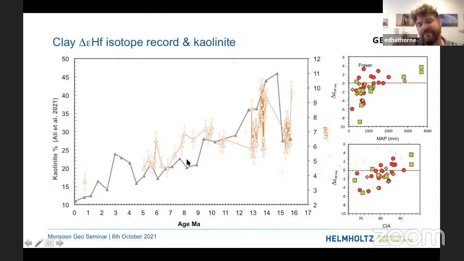Although we need to think a little bit about the fact that maybe the hafnium isotopes are sensitive to the kind of clays that we're measuring, and that's something we need to look at a little bit harder before we publish this. But I'd say this is a really nice way of supporting a decrease in the weathering intensity over the Miocene to the recent.